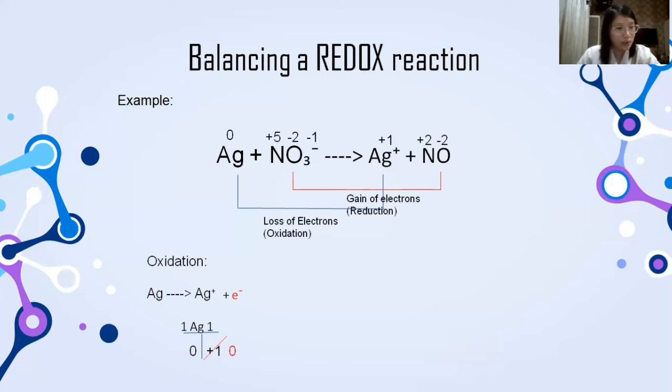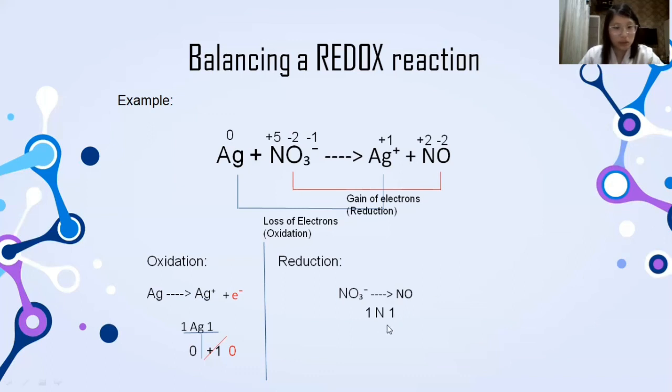Next, we take a look at the reduction reaction. Nitrate ion will become nitric oxide. Now let's balance the coefficients. The nitrogen atoms here are already equal.